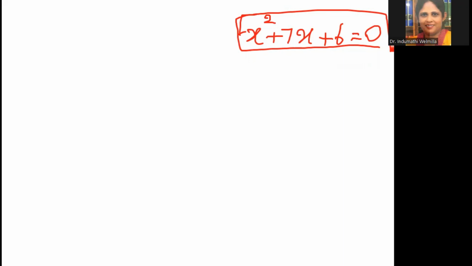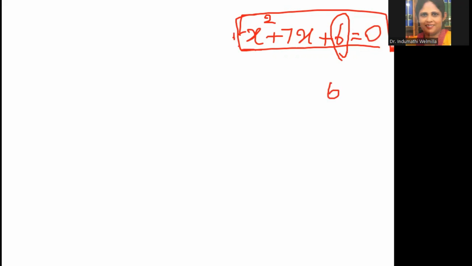If it is equal to 1, then we just need to consider the constant value 6. If the square term has any coefficient, then we need to consider the value when multiplying this coefficient with the constant term, in this case 6.